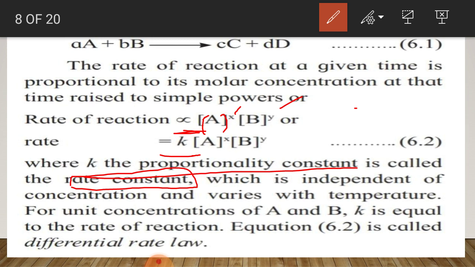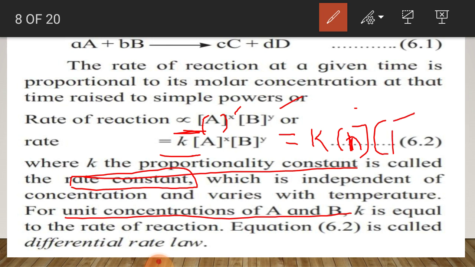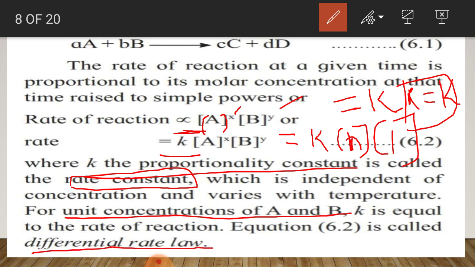Here, if we consider unit concentration of A and B, so A is 1 and B is also 1, then K into 1 is equal to K. So rate R will be equal to K. This is your differential rate law.